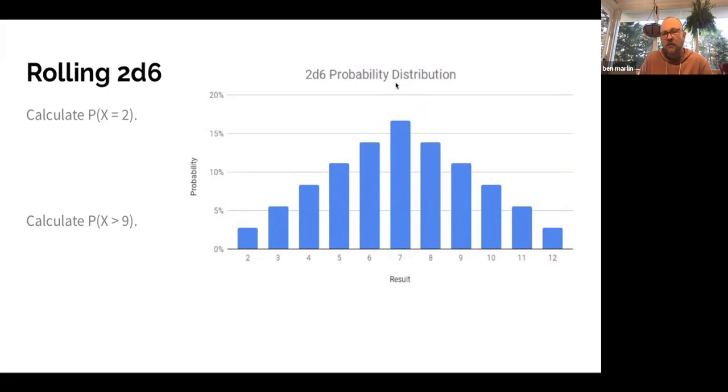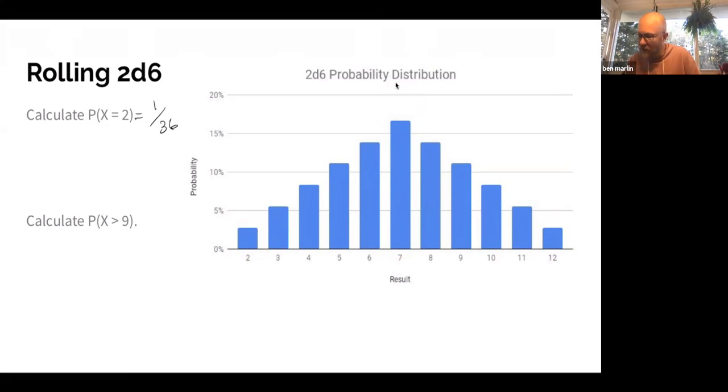But to make a 7, you can roll a 1 and a 6, a 2 and a 5, a 3 and a 4, or the reverses of any of those. So when we talk about calculating these probabilities, the probability for rolling a 2, there's only one way to do it out of 36 possible ways of putting your dice together, okay?